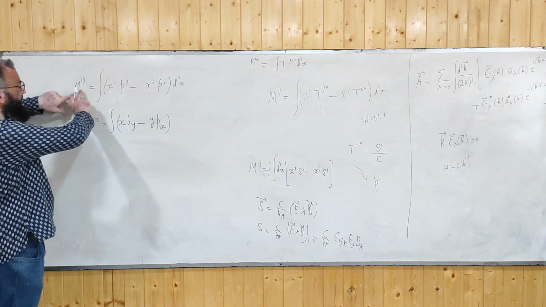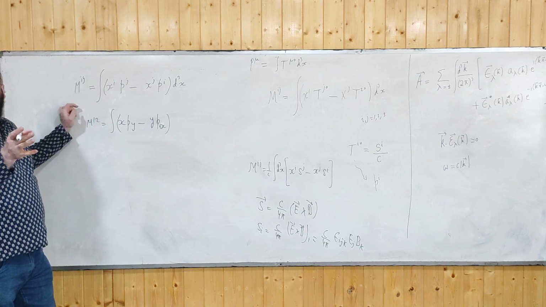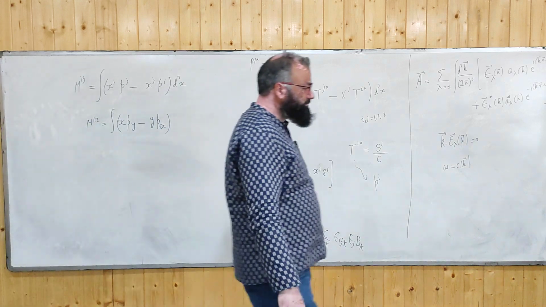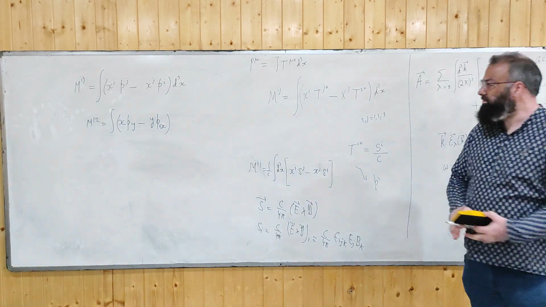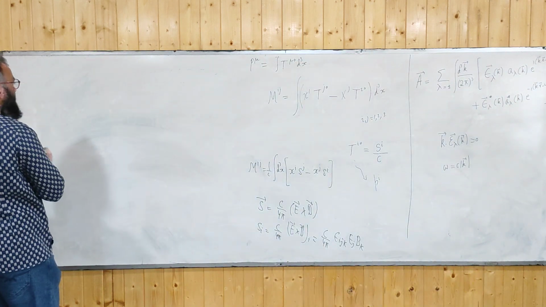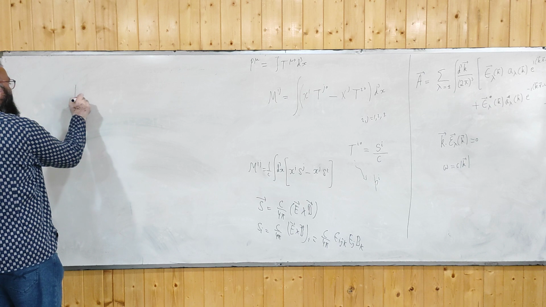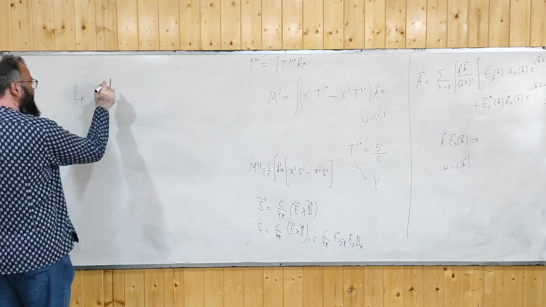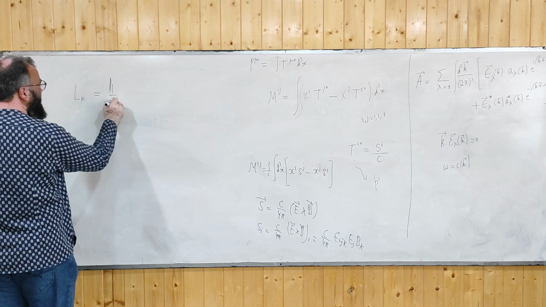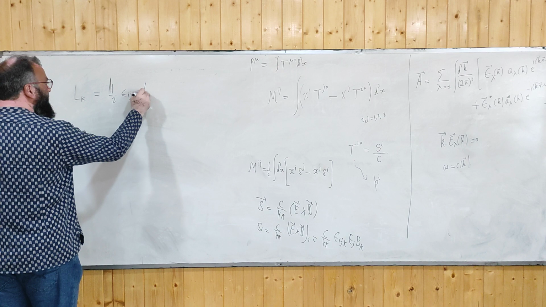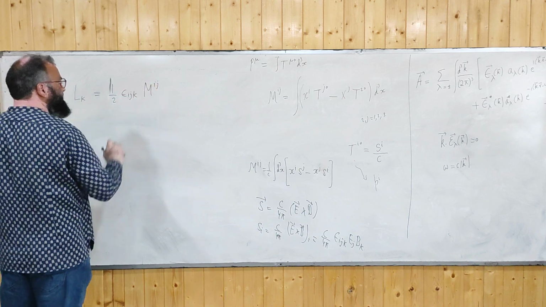So how do you write it? If you know M_ij, how do you figure out, let's say, the kth component of the angular momentum? Let's write the kth component. If you remember, you need to do 1 by 2 epsilon_ijk M_ij.